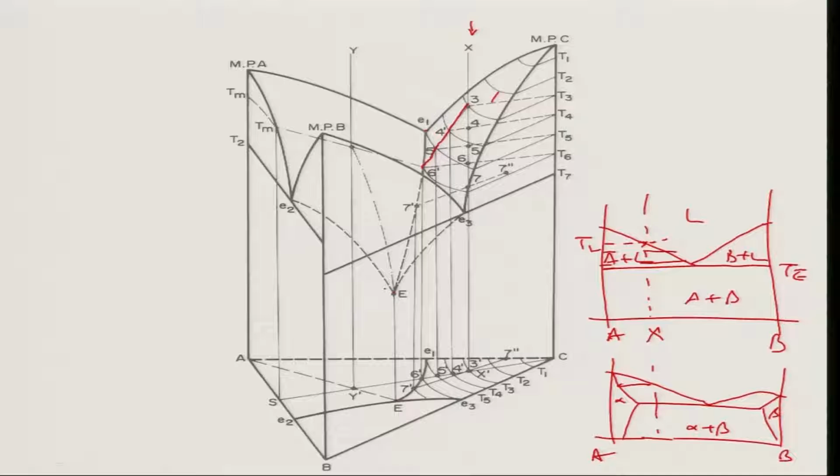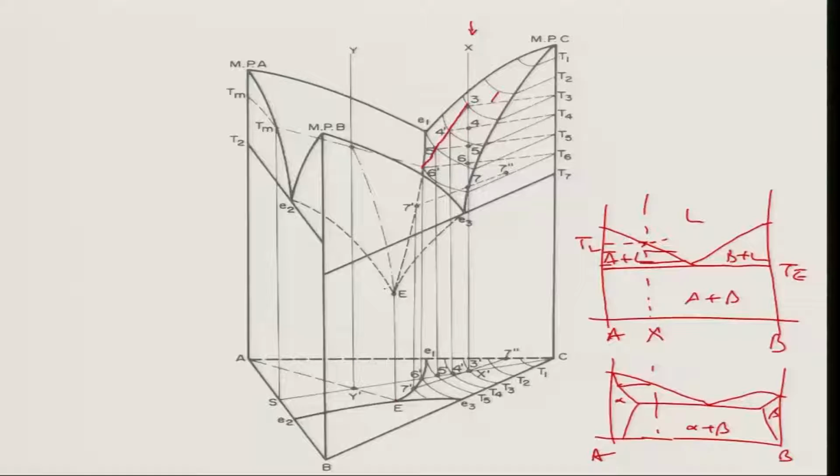Now, one has to carefully look at the ternary space diagram. This is exactly the same way as I have discussed the binary one. In binary, first it crystallizes primary A, then the liquid composition becomes rich in B as the temperature goes down, and when the liquid temperature reaches the eutectic isotherm, it undergoes a eutectic reaction, liquid transforming to A and B. But in ternary, you have 3 phases, A plus B plus C here in this case.